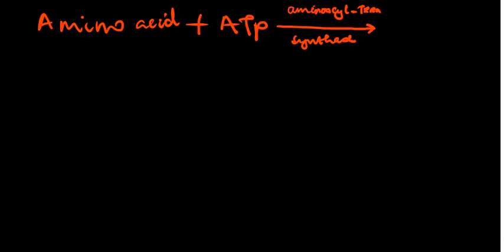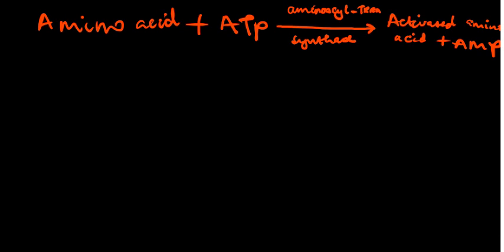Our products will be the activated amino acid plus AMP. Don't get worried about this AMP. This is adenosine monophosphate. I can actually share more about the chemistry of what is happening here.